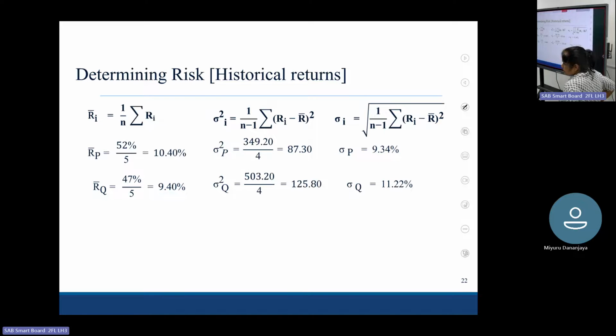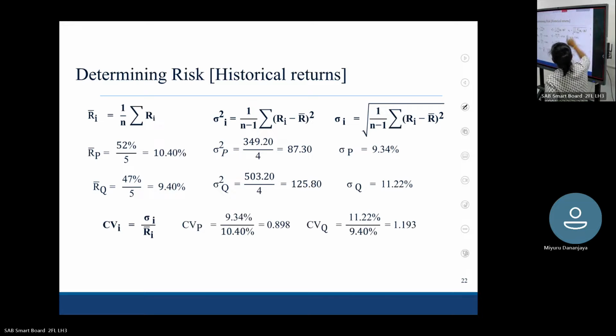These are the answers: variance, standard deviation, average return, and coefficient of variation.